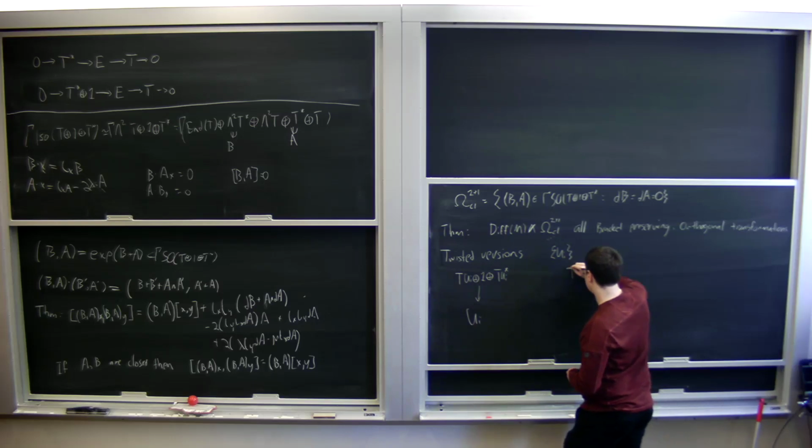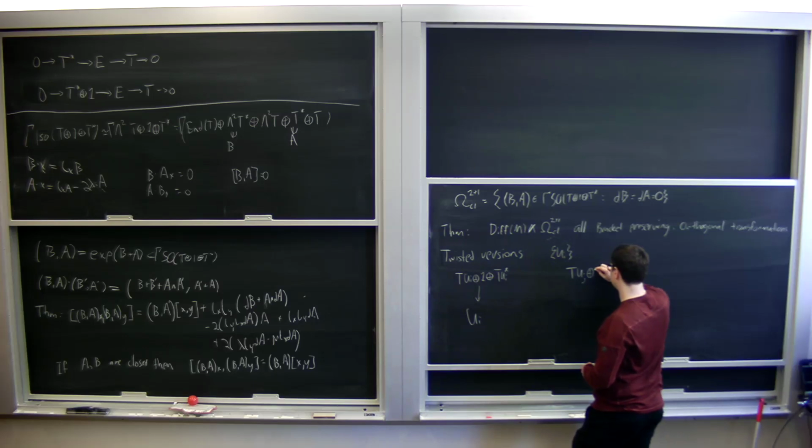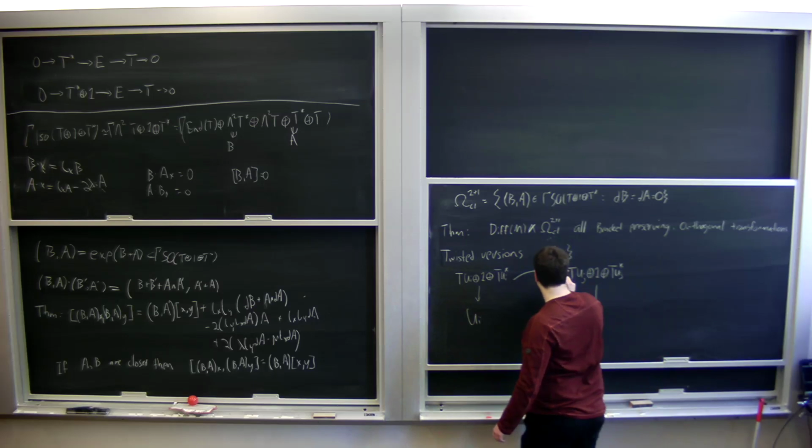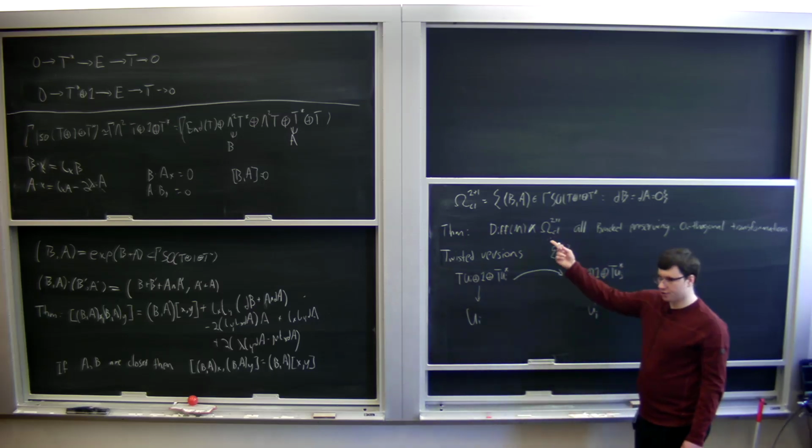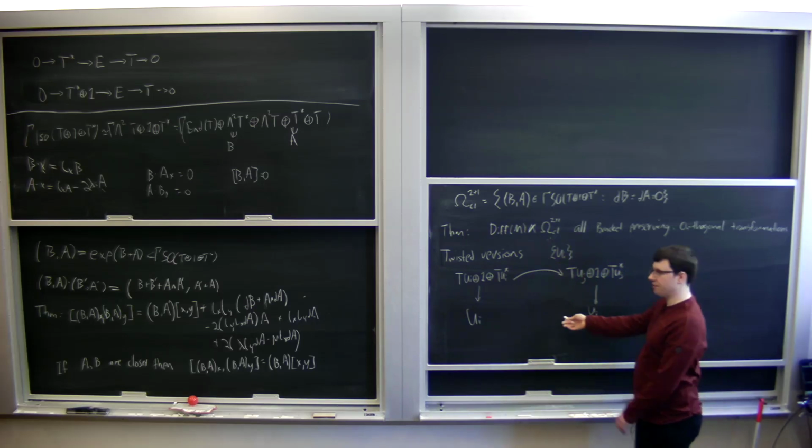Similarly, I can look at the same thing over U_j. And I can map between these using a 2+1 closed form on the double overlap U_ij.